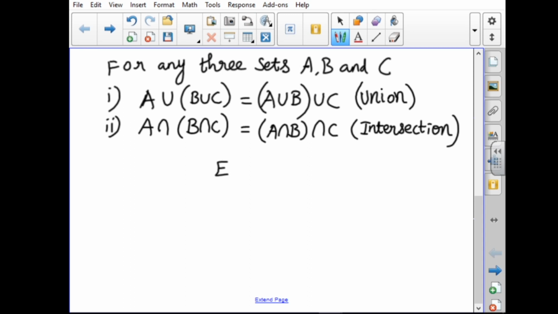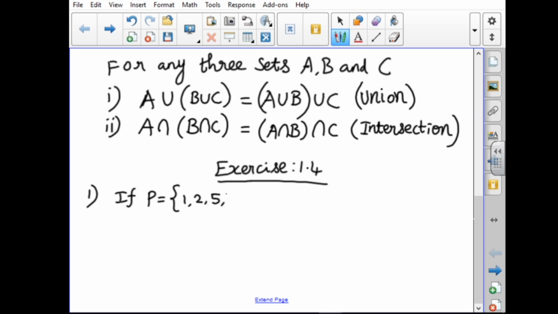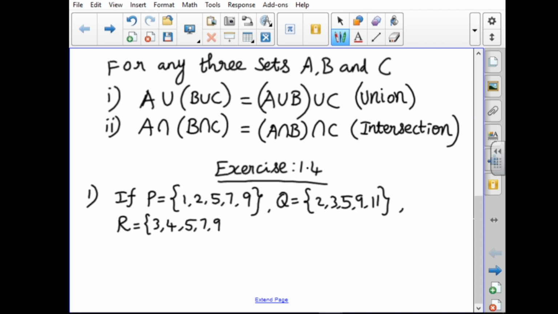Question number 1. If P is equal to {1, 2, 5, 7, 9}, Q is equal to {2, 3, 5, 9, 11}, R is equal to {3, 4, 5, 7, 9} and S is equal to {2, 3, 4, 5, 8}.